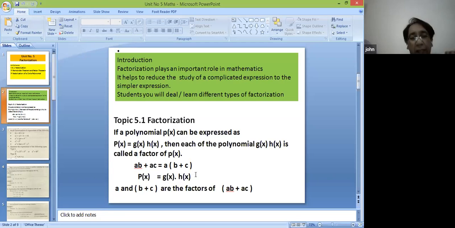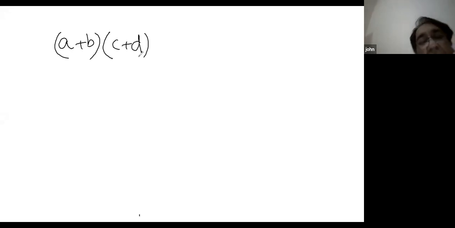I will explain once again in another way. Look at the board, please. Suppose we have, dear students, A plus B and C plus D. These are two factors. A plus B is one factor, and C plus D is the second factor, and both are multiplying with each other.